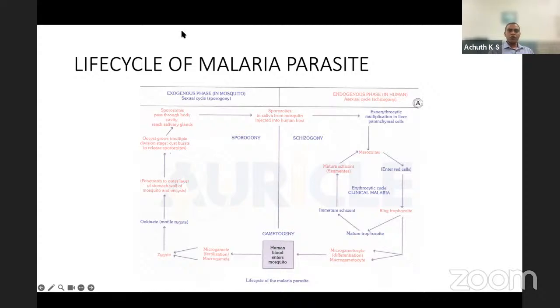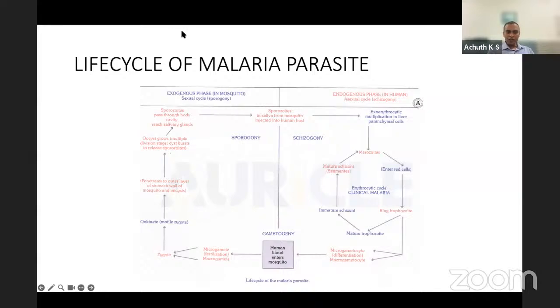Okay. Sporozoites. When the female Anopheles mosquito is infected with malaria protozoa, they are called sporozoites. Sporozoites in saliva from the mosquito are injected into the human host while it bites. We'll see later when it bites and how it bites.